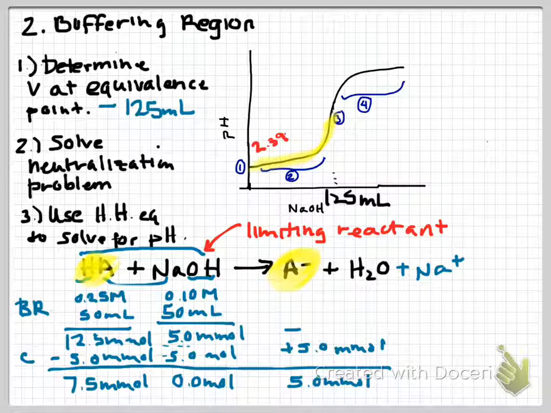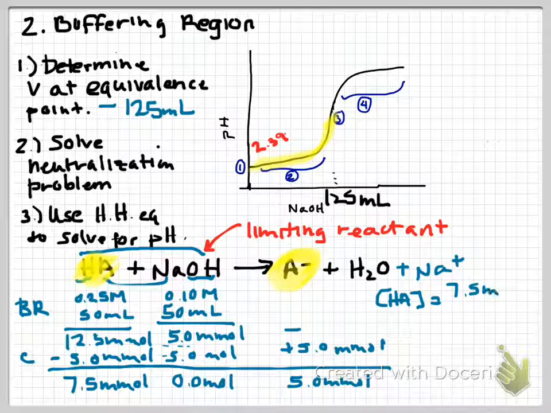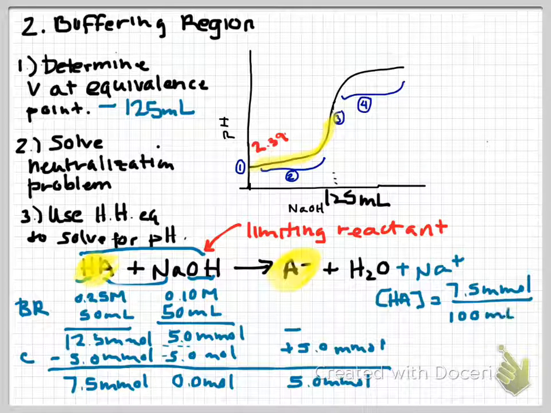So I can convert this into concentrations. And at this point, you have to remember to use your total volumes. So if I want my concentration of HA, it's going to equal 7.5 millimole divided by my total volume, which is 100 mL because I've added 50 mL of my NaOH and I had 50 mL of my acid to begin with.